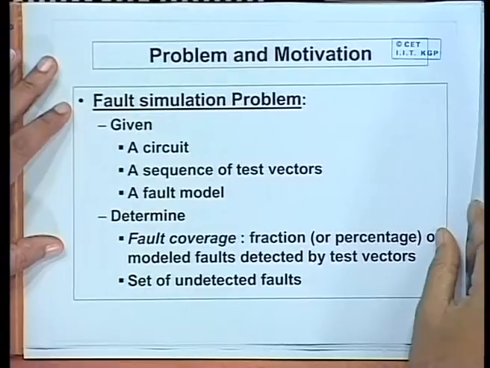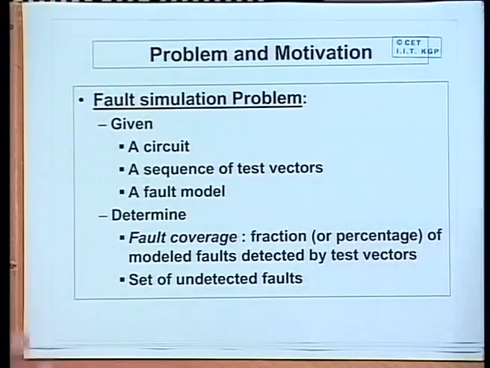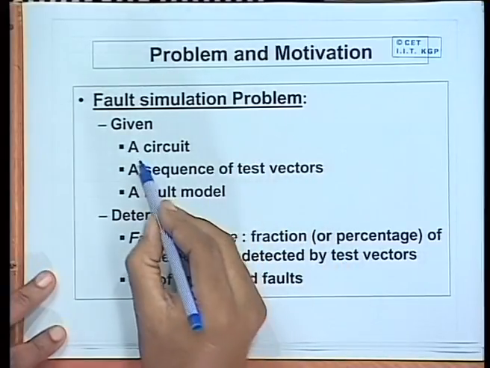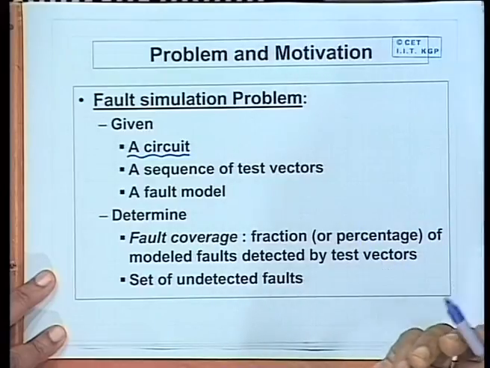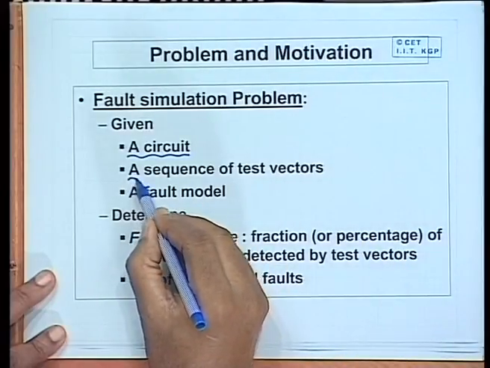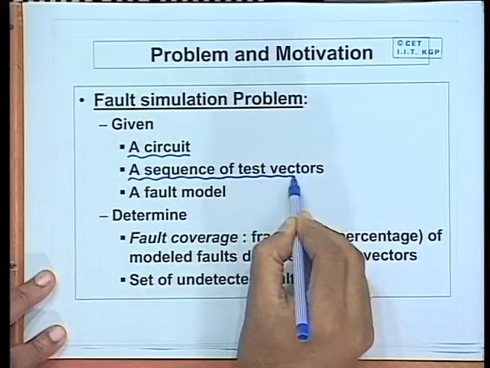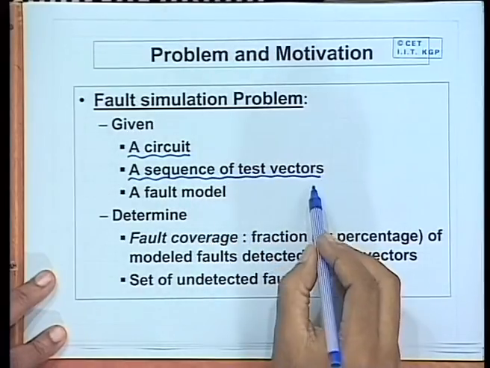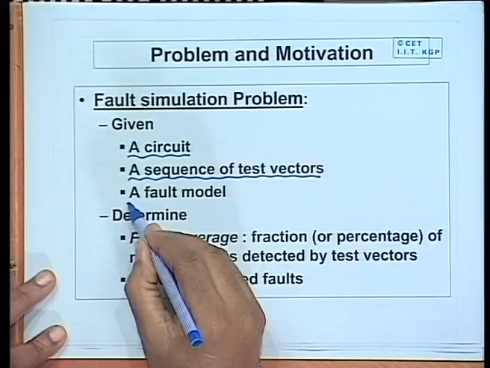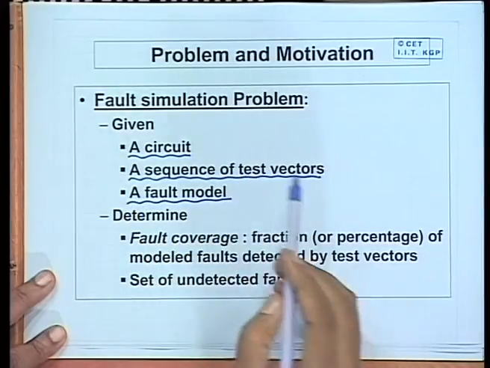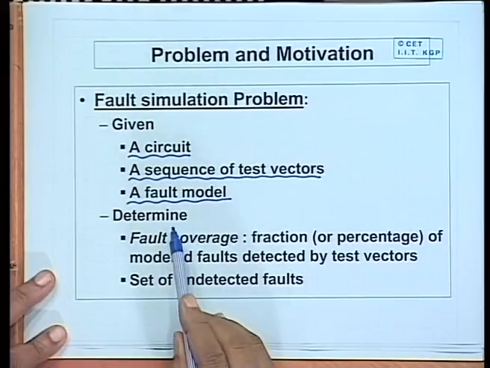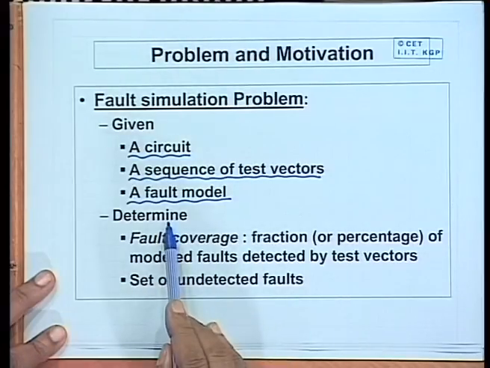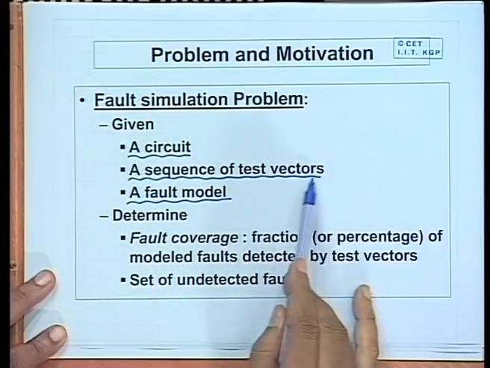So, the fault simulation problem and motivation are as follows. In the problem, we are given a circuit, typically a netlist of gates. We are also given a sequence of test vectors which we want to evaluate, and of course, a fault model. These are the three things which are given to us. So, what do we want to determine? We want to determine the quality of the test vectors.